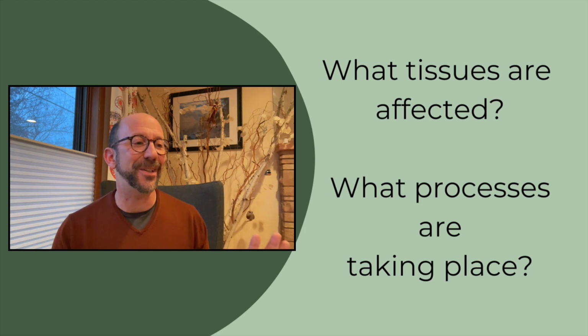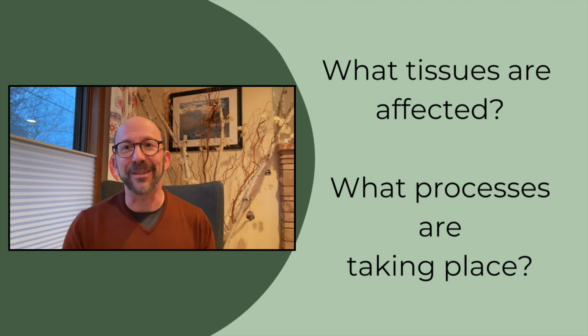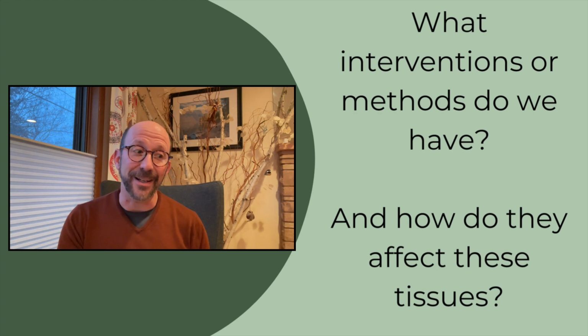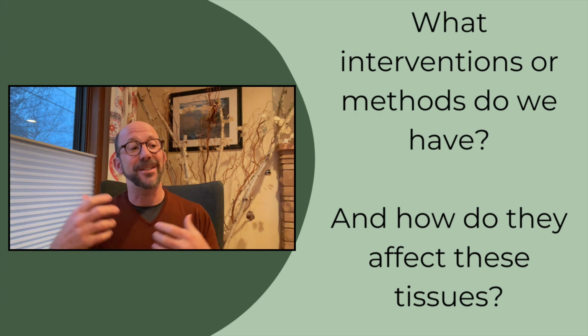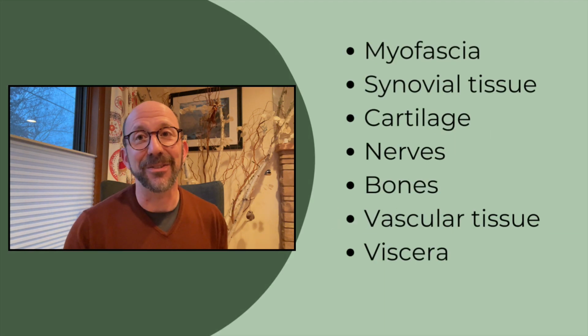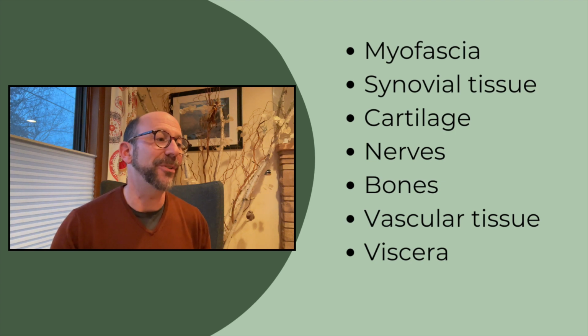So the things we need to figure out are what tissues are involved, what processes are taking place, what interventions do we have, and how do those interventions affect the tissues and affect the processes that are taking place. So that's what we're going to talk about for the rest of this video in relation to the shoulder.